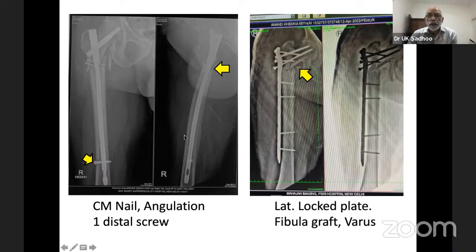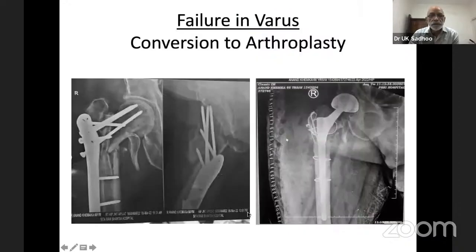So it failed, and then this patient underwent another surgery with the proximal femoral locking plate. The length is good. The screws are away from the fracture site. The length of the screws into the neck and head are good, but as you see, the reduction is in varus. So failure was inevitable.